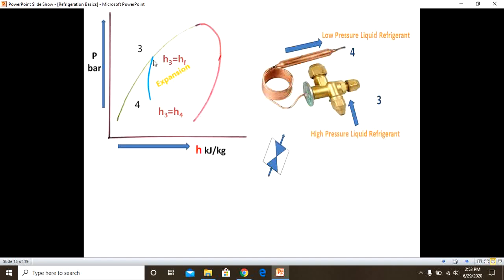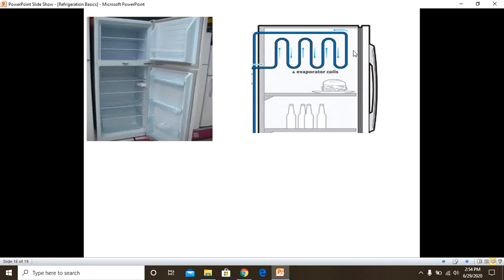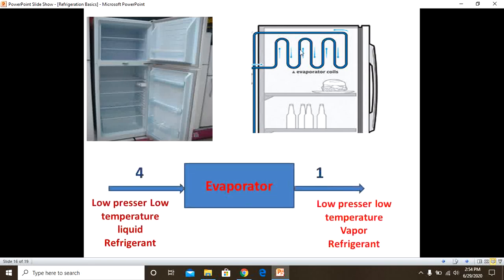Next, this 3 to 4, observe here, 3 to 4 it is the expansion process in the thermostatic device. Therefore, in your evaporator coil, the refrigerant will boil here at low temperature and absorb the heat energy, and then it comes here, the evaporator.